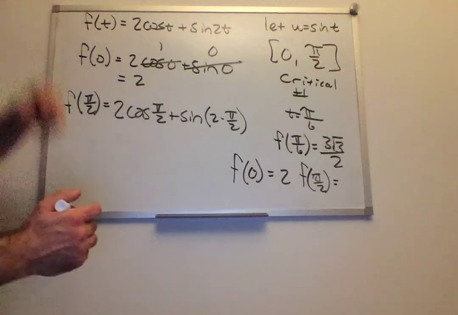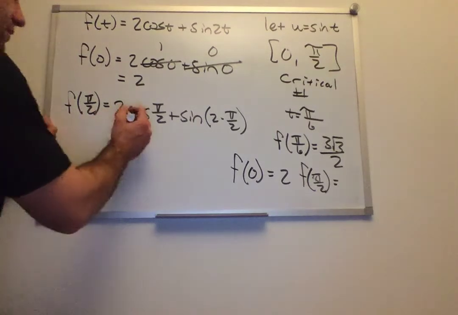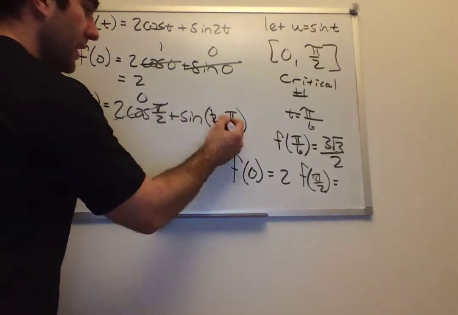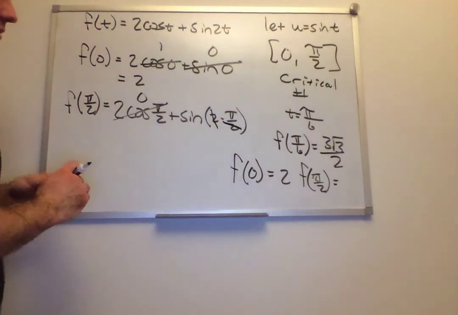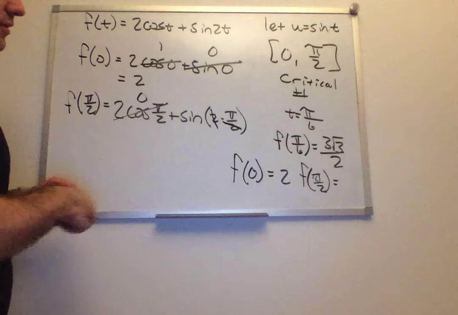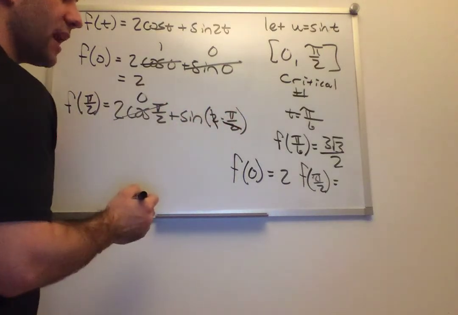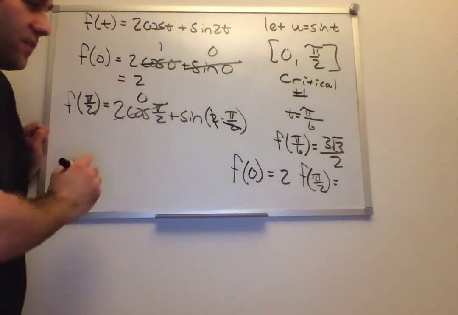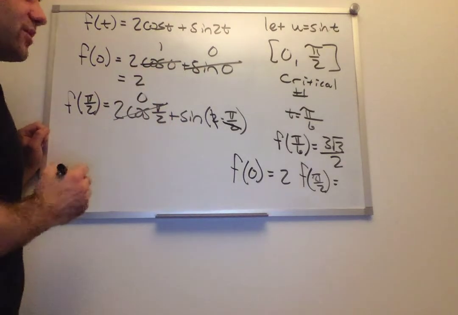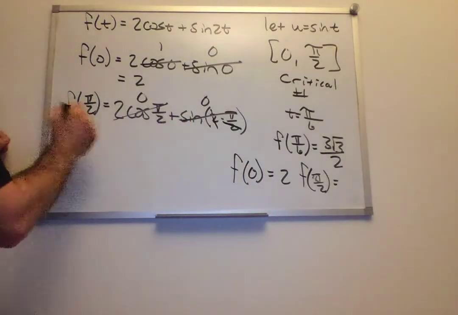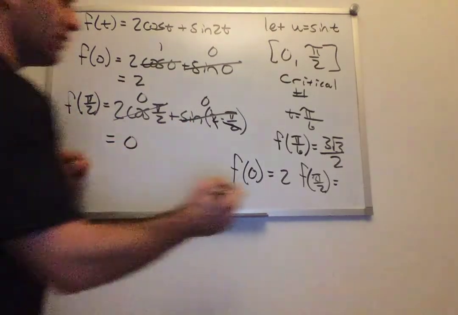That's at the very top of the unit circle, where the x value is 0. So this whole term is gone. Now the 2's cancel here and here, and you get sine of pi. Pi is over at the left end of the unit circle, where the y value is 0. So this is also 0, and this whole thing is equal to 0.